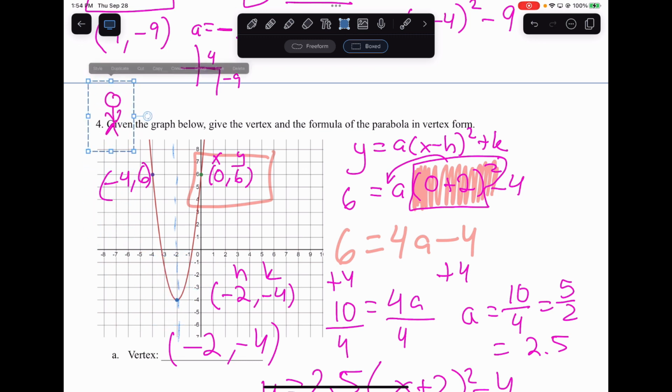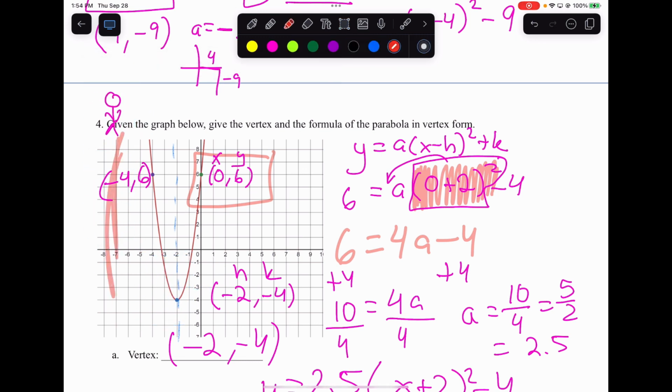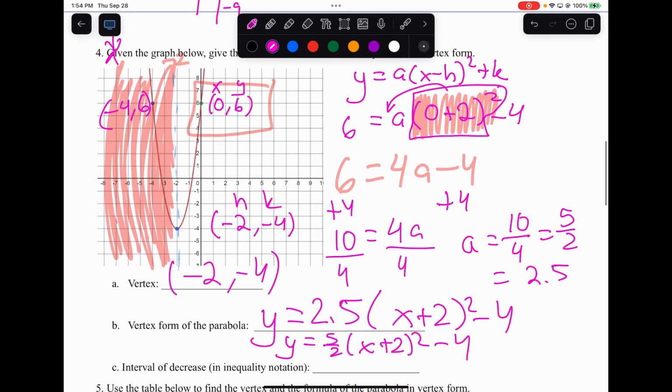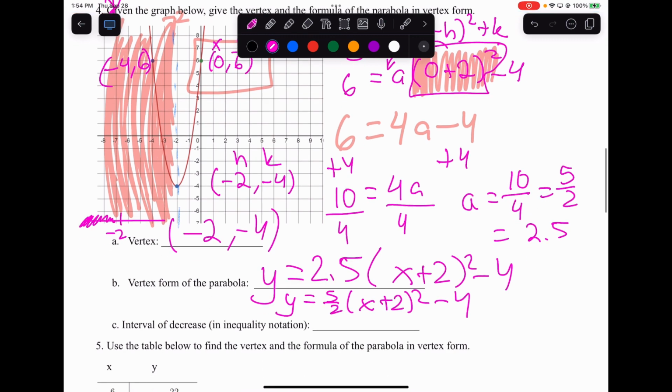So we would color in this side of the graph. It's going to be decreasing until we get to −2. And they want inequality notation. So imagine if we had our graph, −2, and we shaded in this side. Those are going to be x values that are less than −2, smaller than −2.